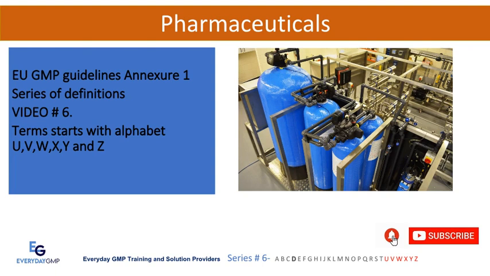Exploring pharmaceutical definitions from EU GMP Guidelines Annex 1: unlock the language of pharmaceuticals and dive into the core terminology that shapes the industry. Join us on this educational journey to understand the key definitions that ensure precision and quality in pharmaceutical manufacturing.